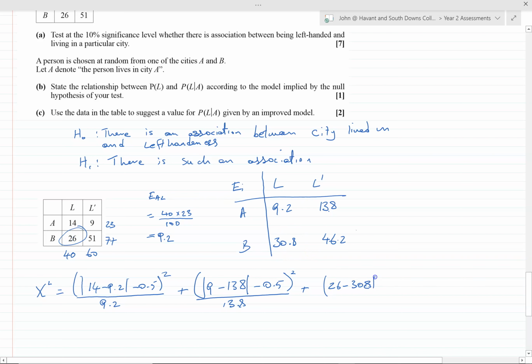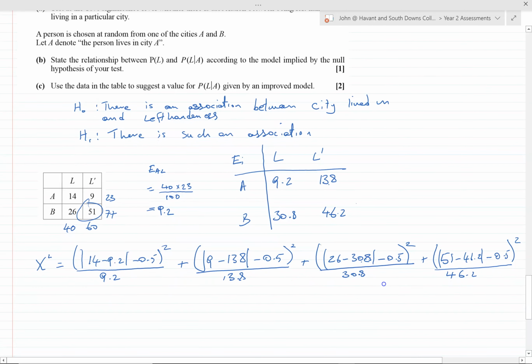The modulus of that, the absolute value of that, take away 0.5, squared, divided by 30.8. And then finally for this one, we have 51 take away 46.2. The absolute value of that, take away 0.5, squared, all over the expected value, which is 46.2.